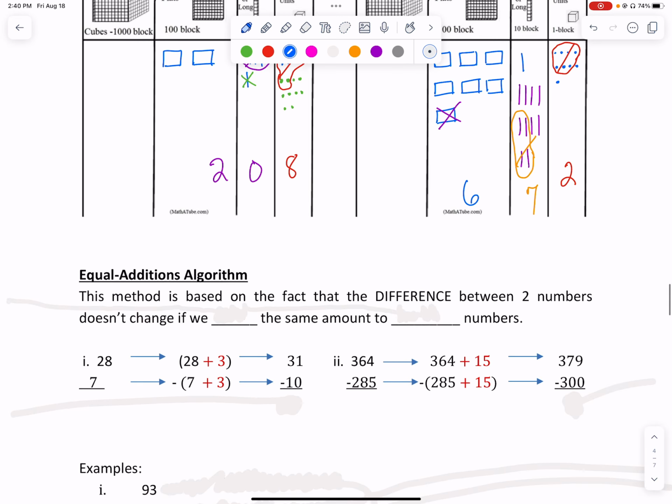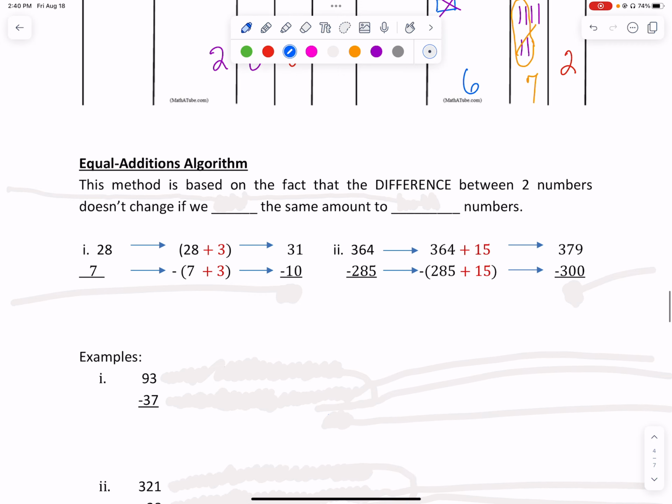So now we're going to use what's called the equal additions algorithm. If you look at the steps down below, you might notice that it looks like the opposite of the additions algorithm that we did before. But this method is a little bit different.